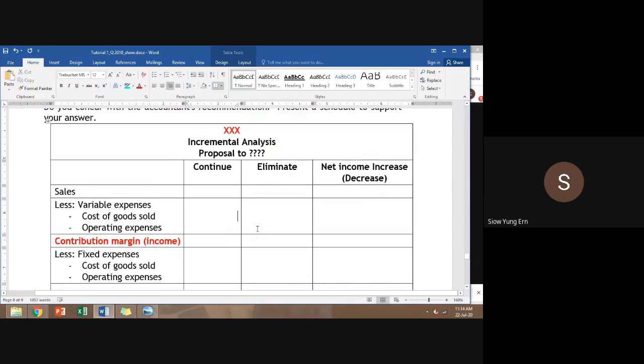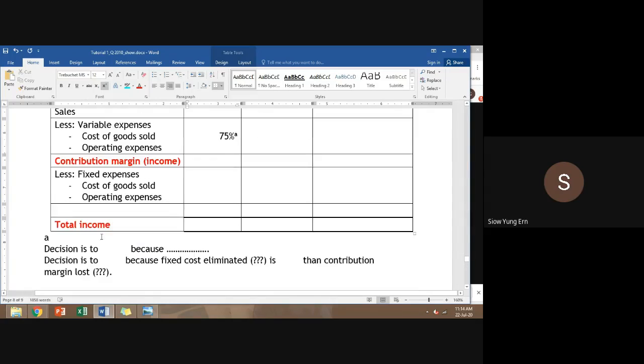Class, don't forget your calculation. You can put a marker and then put your note at the bottom: 75% times your total cost of goods sold, 190,000.